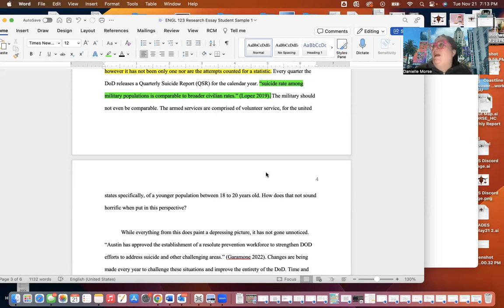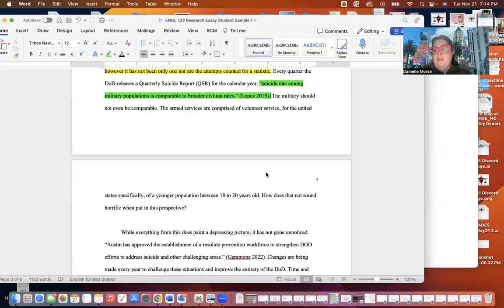I think depending on what branch and what job in the military, I think it can be up to like age 34, though I could be mistaken, but it's not just 18 to 20. Recruiters might be aiming for 17-year-olds, 18-year-olds, 19-year-olds, 20-year-olds. Maybe they want to get them in earlier, or let them know that it's an option for them.